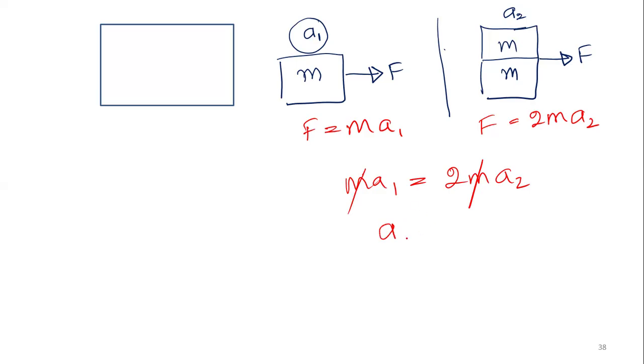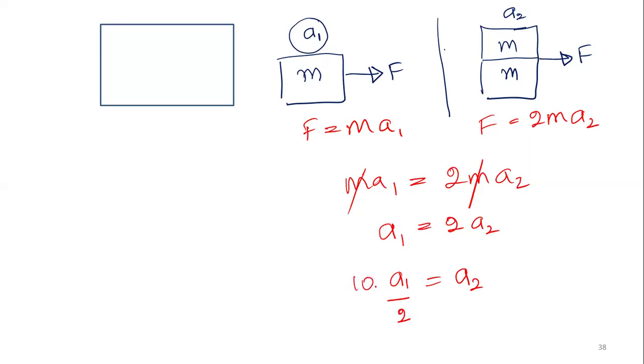The relationship between acceleration of the first situation and acceleration of the second situation is like this. Acceleration of the first situation, a1, acceleration of the second situation, a2. So if you take a2separately, this 2 will go to the other side, a1 divided by 2.